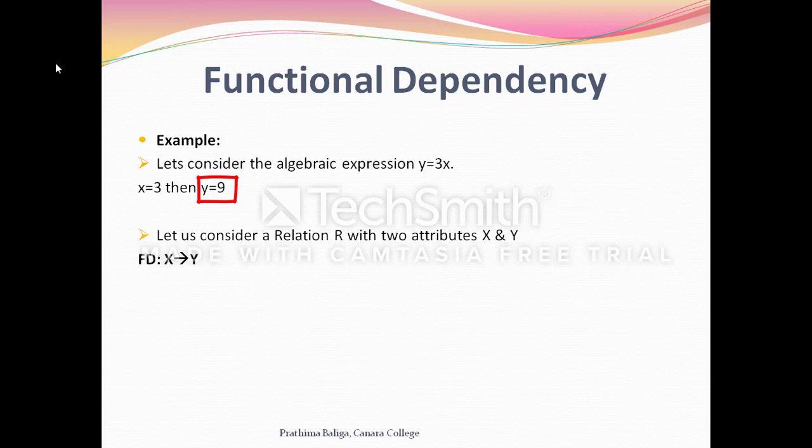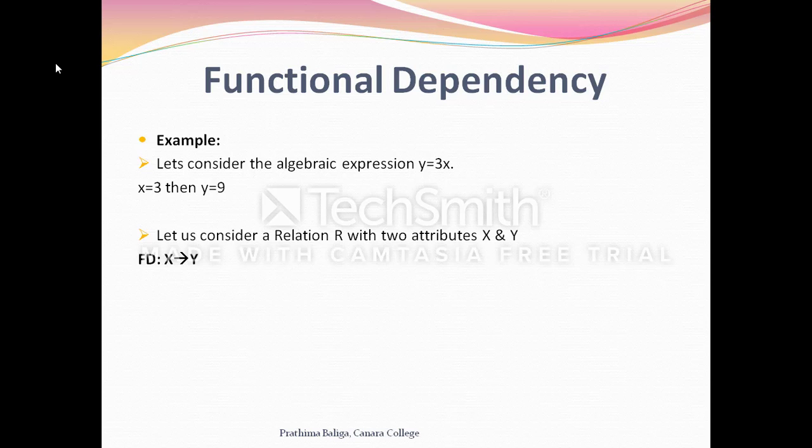If x equals 5, then y equals 15. So depending on the value of x, the value of y is obtained. In relations, attribute values are not computed, but attribute x can determine the value of attribute y just by looking for it in the right attributes in any relation r of R.